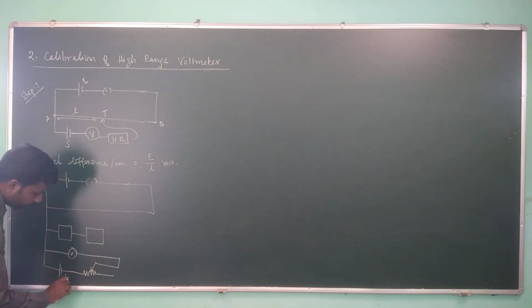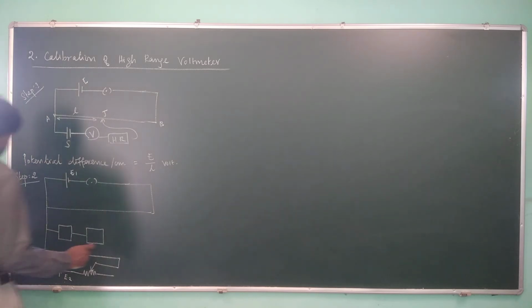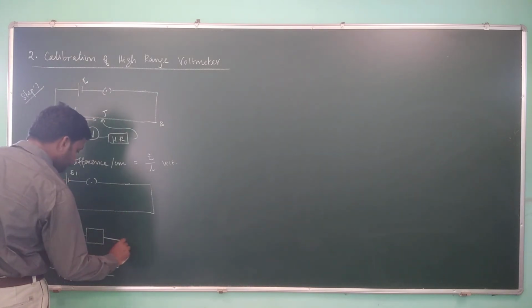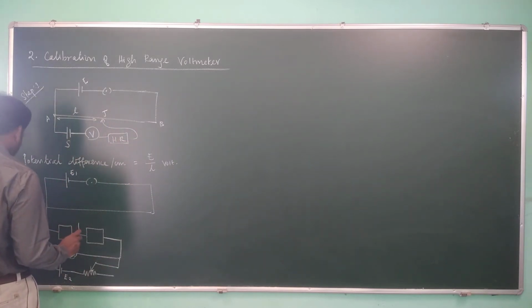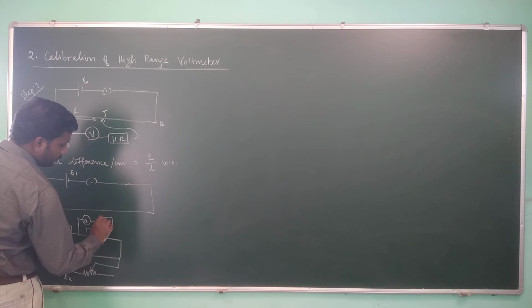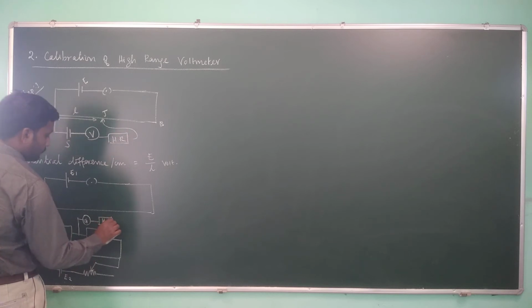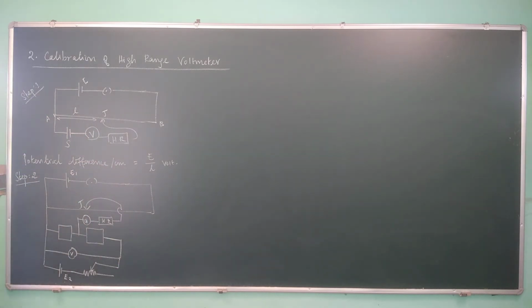Using this battery, we can say that this is E2, this is E1, and this side is connected here, and in the middle we take an output that should go to the galvanometer, then a high resistance, then this goes to the jockey.